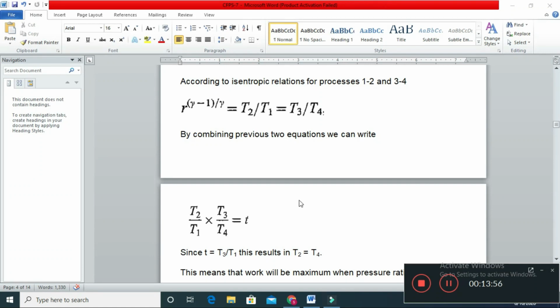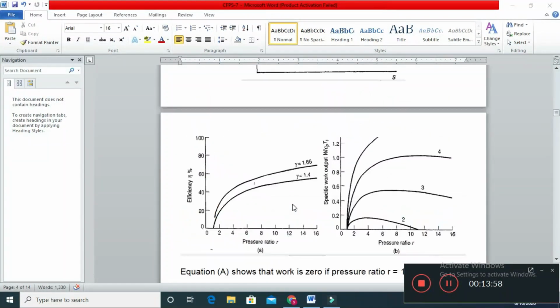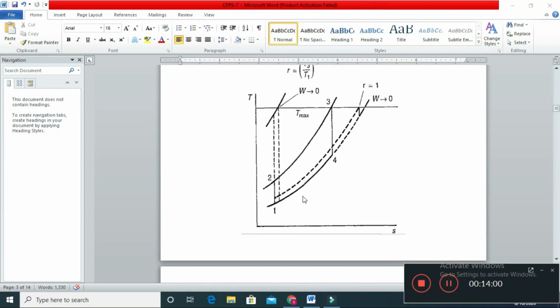When T2 and T4 are the same, then the work obtained will be maximum. This is T2 and this is T4.